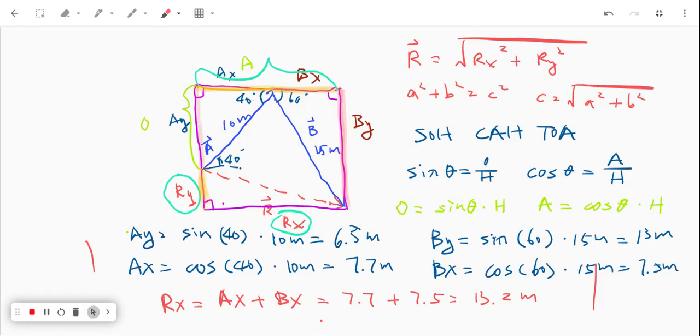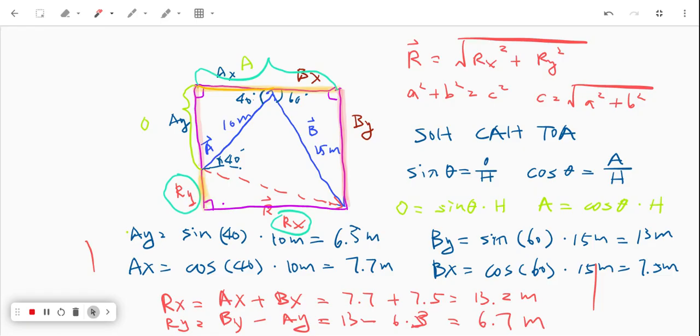You see that? So RY is equal to BY minus AY, equal to 13 minus 6.3, you get 6.7 meters.